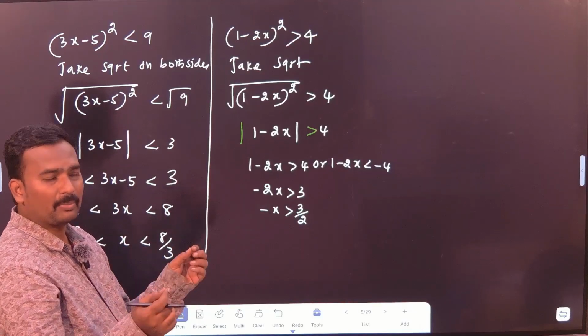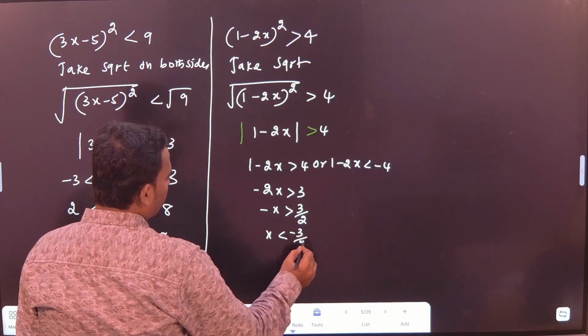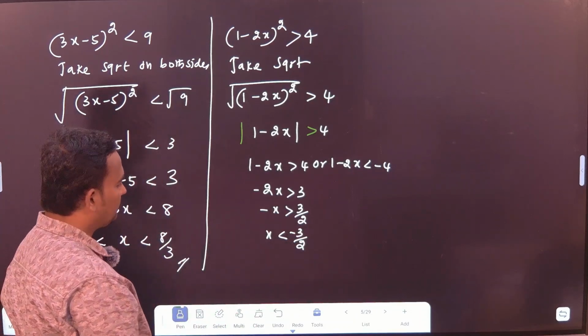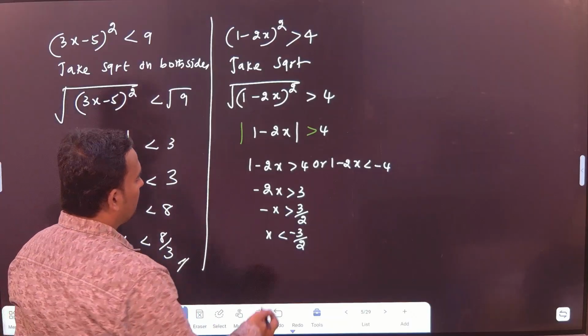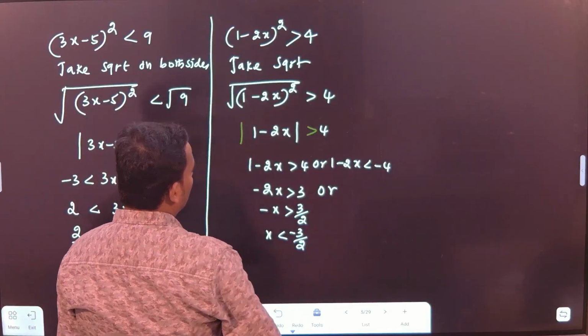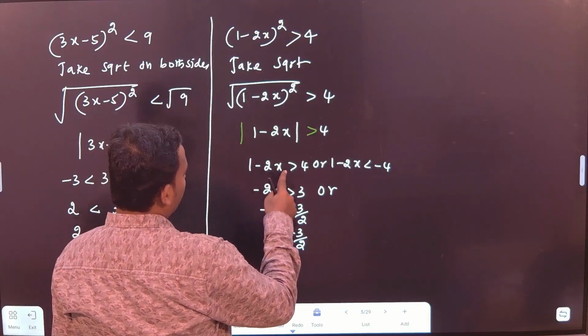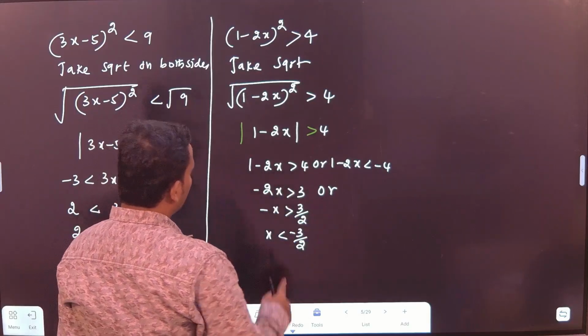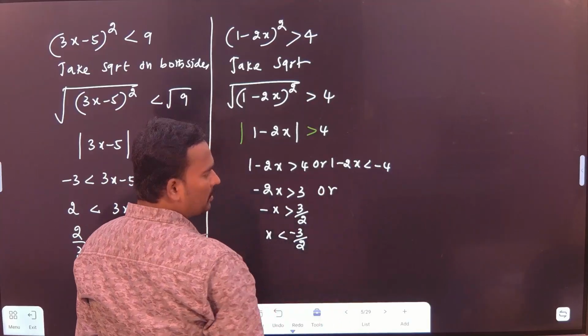You have to multiply by negative 1. x should be less than minus 3 by 2, right? So when you multiply by negative 1, the inequality will be changed. Correct? So I am adding minus 1: 1 minus 1 is 0, 4 minus 1 is 3, correct? Yes, good.